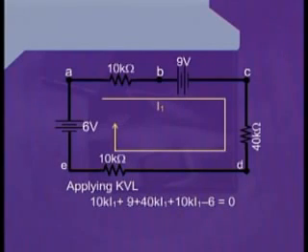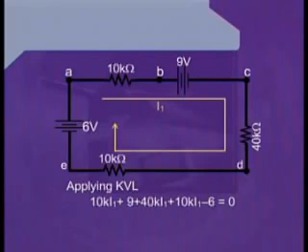Therefore, we see the positive sign first. Hence, we will put plus 9. After writing the term for the 9-volt source, we can pass through it and reach the point C.